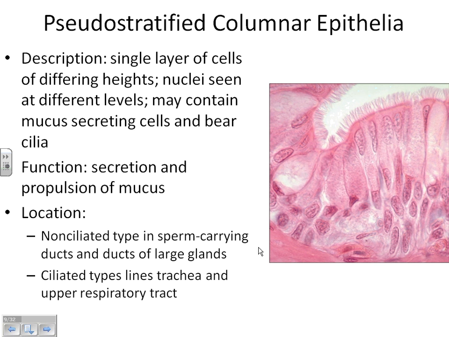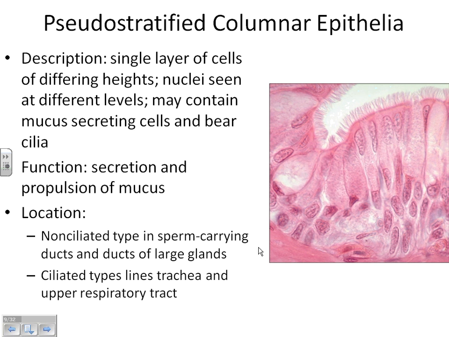Okay, this is pseudostratified columnar. What is its function? Secretion of and propulsion of what? Mucus. Okay? I actually titled this slide incorrectly. That's not just pseudostratified columnar epithelia. What's the proper name? I heard the answer. Say it loud. Have confidence. Ciliated pseudostratified columnar epithelia.